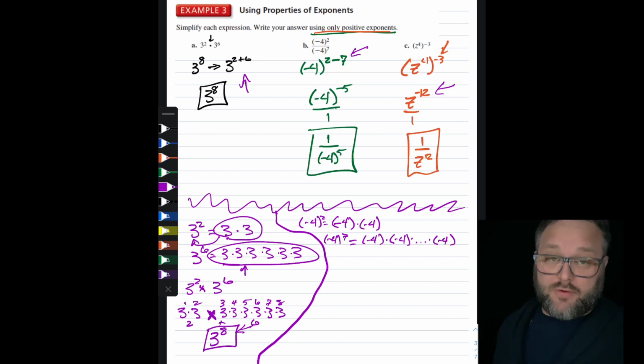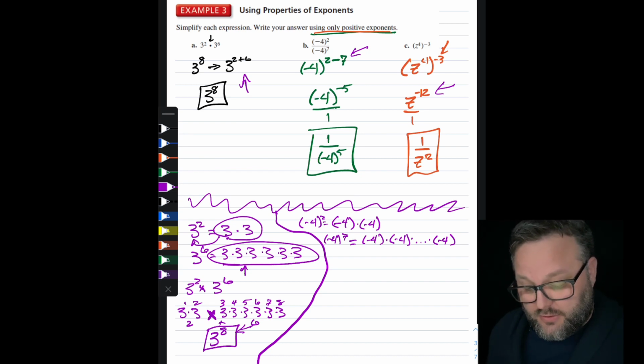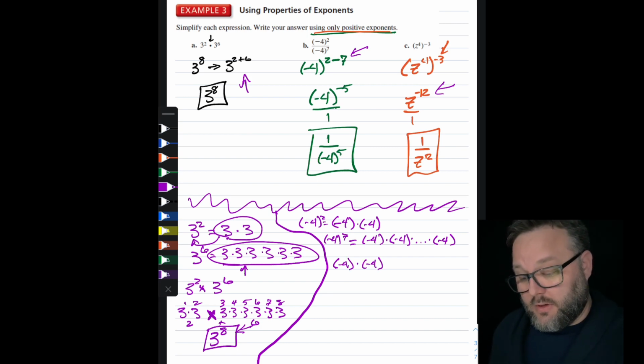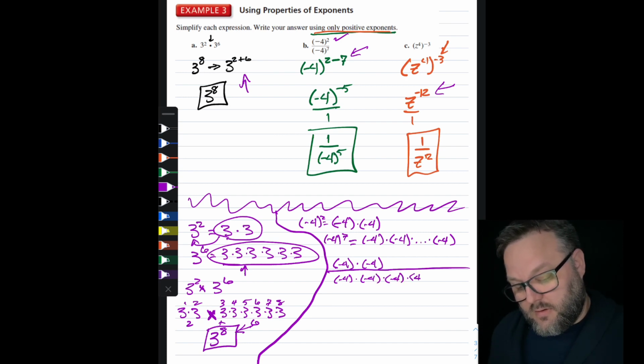And there's a total of 7 of those, okay? Well, the thing is, when you have the same factor in the numerator as you do in the denominator, so we have -4 times -4 for our -4 squared. We then have a denominator of -4 times -4 times -4. I think I'm going to run out of real estate. 1, 2, 3, 4, 5, 6, and then times -4.